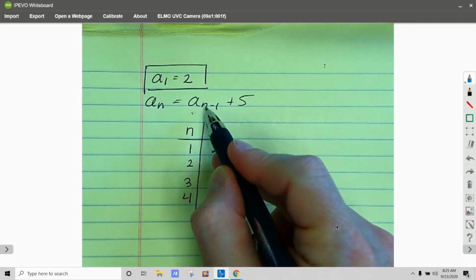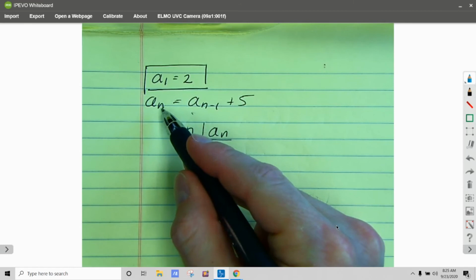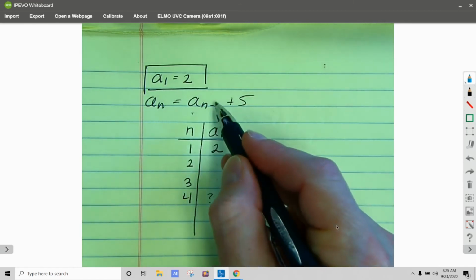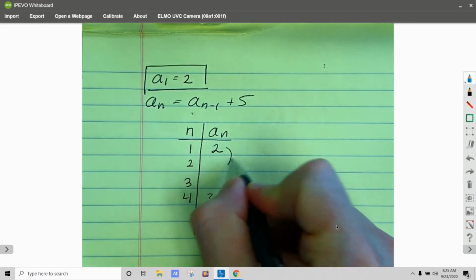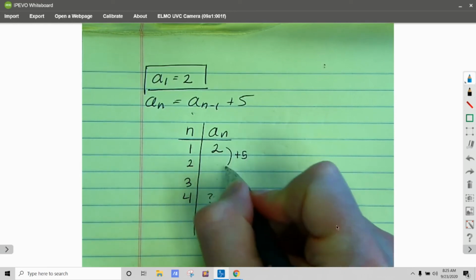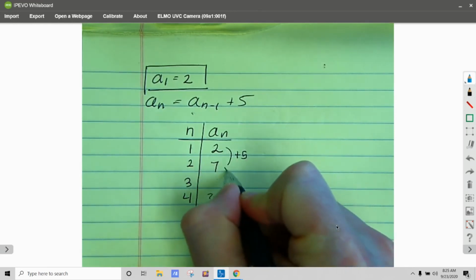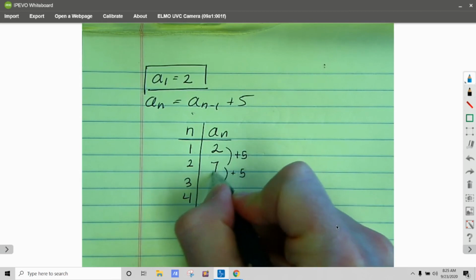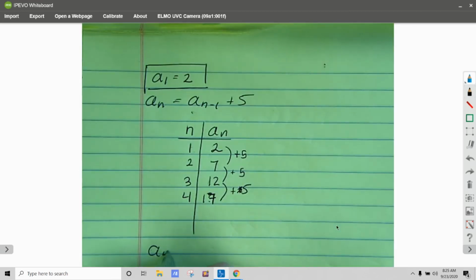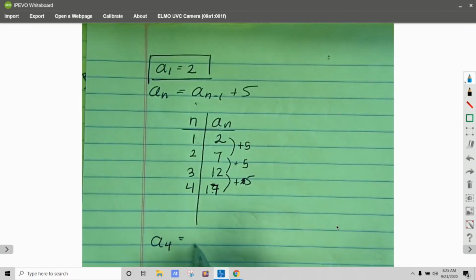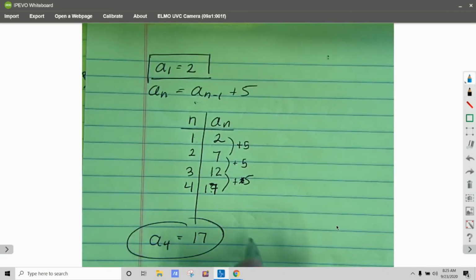Basically, if I want the second term, I look to the first term and add 5. So my second term will be 7. And then I'm going to add 5 again. My third term is going to be 12. So A sub 4, or in other words, the fourth term, would be 17.